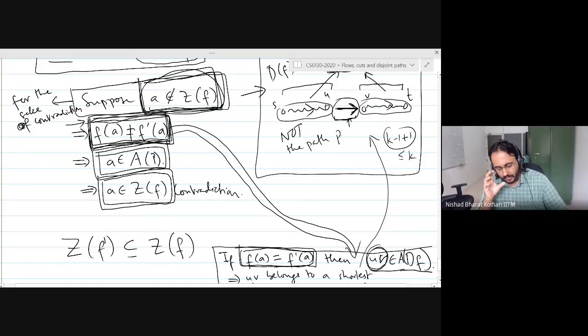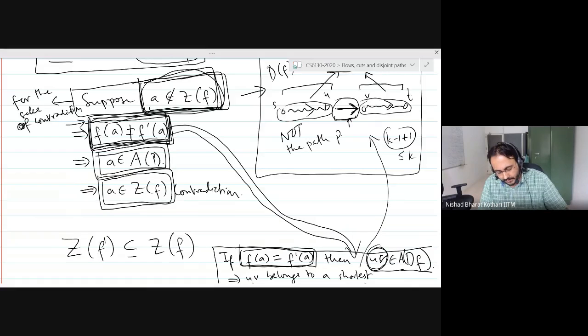Supposing you have a flow F and you get a new flow F prime using the Edmonds-Karp or Ford-Fulkerson algorithm. When does the flow on the arc change? Yes, it has to be on the incrementing path that we chose.